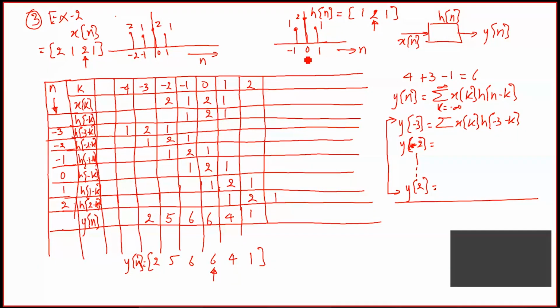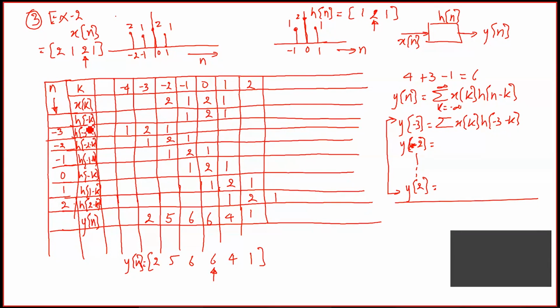So this was your h of n, and h of minus k would be the same thing flipped. Again it gives you the same thing, 1, 2, 1. We saw that we already have 3 terms overlapping, so we had to start from this value 1, 2 and 1. Written this way, this is h of minus k shifted left by 3, so this is h of minus 3 minus k.